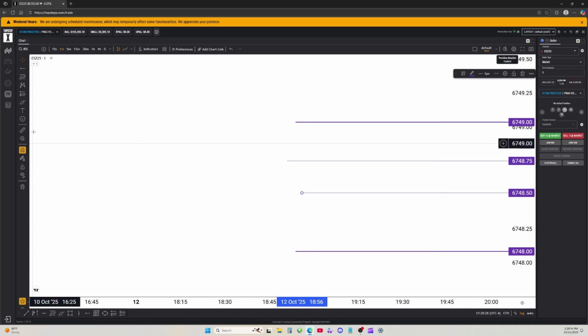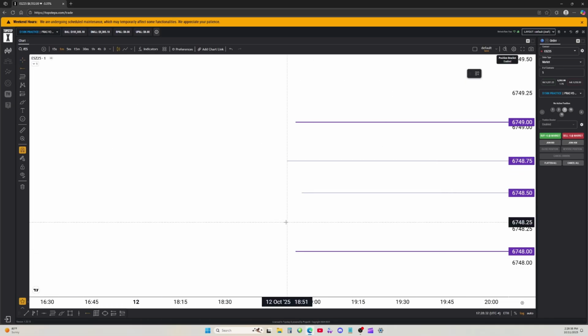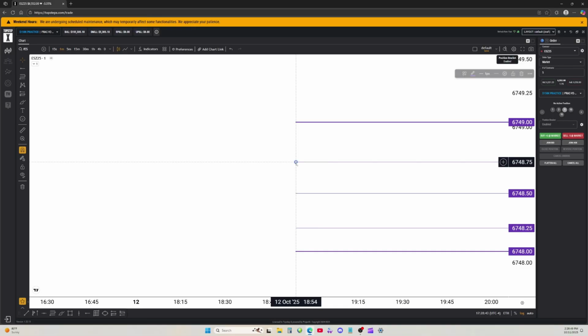That's a tick. And that's a tick. Okay? So these are ticks. So there's 4 ticks per each point. Okay? 25, 50, 75, 100. There are 4 ticks per point.